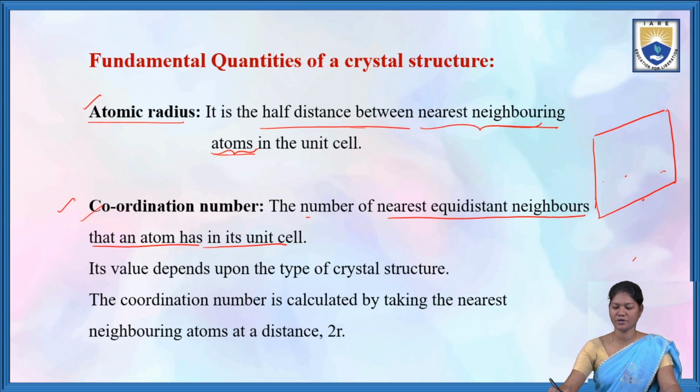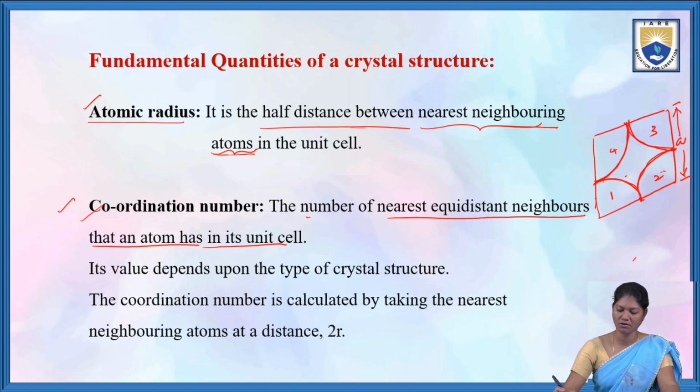If I take a two-dimensional plane, suppose the atoms are occupied like this. This is a unit cell of a 2D plane, for example, with atoms 1, 2, 3 and 4. Here the edge length is a and the atomic radius is r.